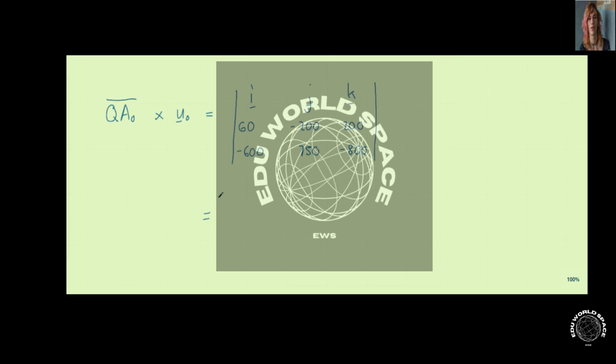And we get QA naught crossed with U naught to be 10,000 I minus 72,000 J minus 75,000 K. So that's our first term from equation 1.